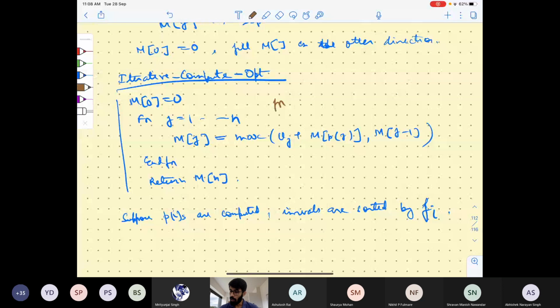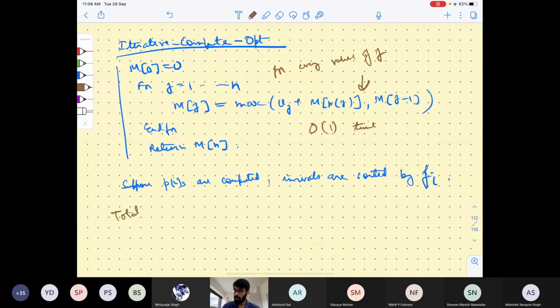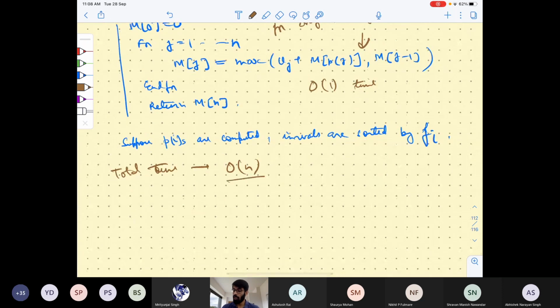Okay, good. So for every value of j, this operation is being done, and this is constant time, right? So total time is order n, which is the running time we had for the earlier algorithm also.